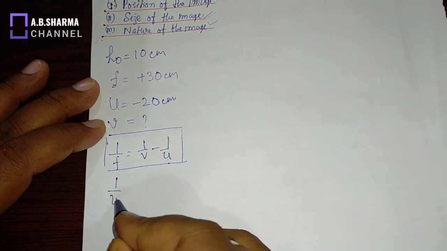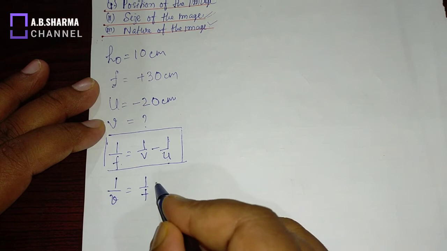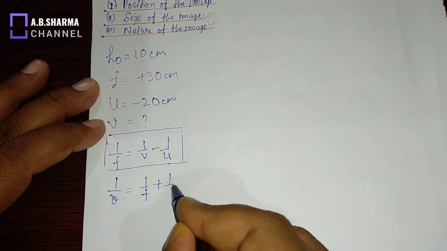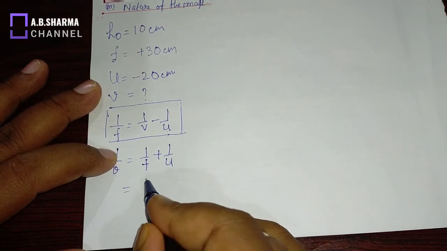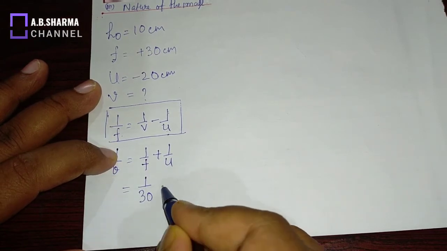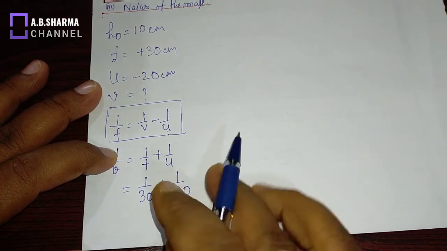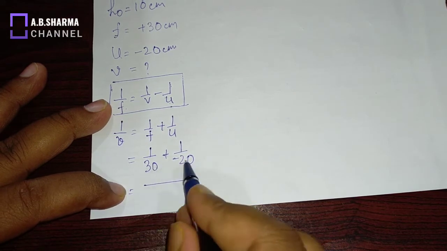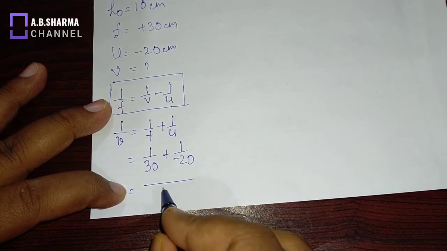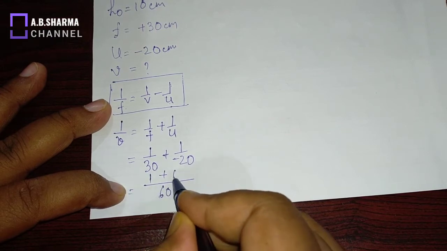So 1 over v equals to 1 over f plus 1 over u, and f is given, which is 1 over plus 30, and u is given, which is 1 over minus 20. So equalizing the denominator by taking LCM, this will be 60.